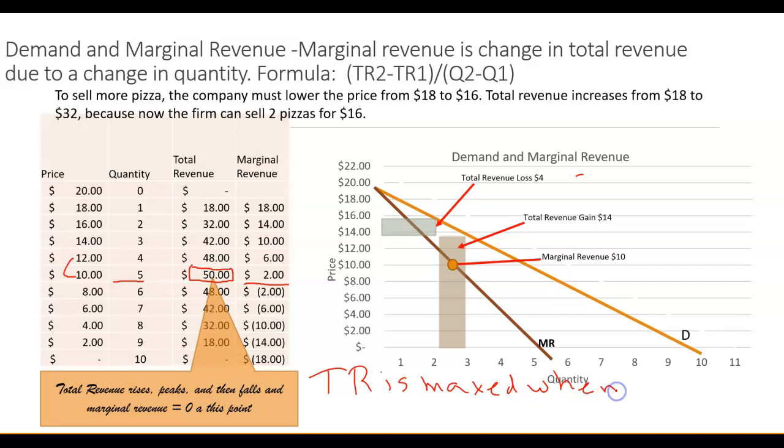When marginal revenue equals 0. So somewhere between 5 and 6, marginal revenue is starting to equal 0. And our total revenue is maxed at this point. So not at $8, at $10. My graph is a little bit off. Okay, so total revenue is maxed when marginal revenue equals 0.